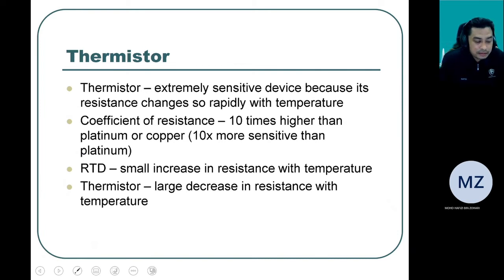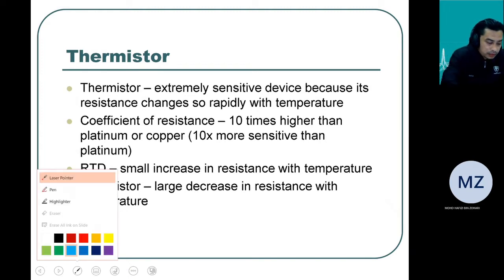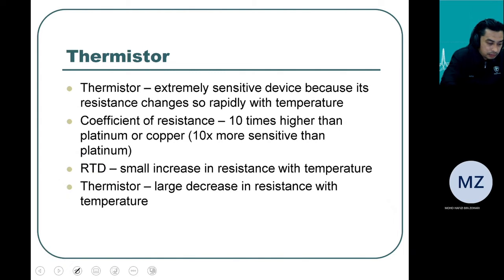It's about 10 times the sensitivity compared to the RTD.